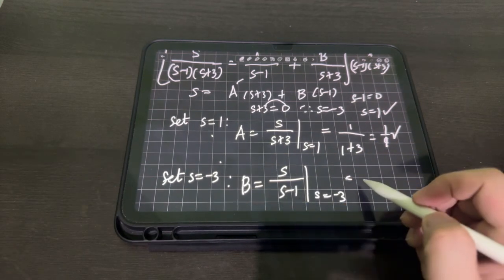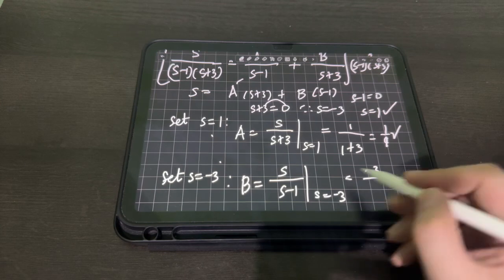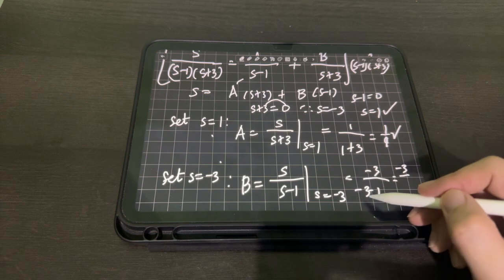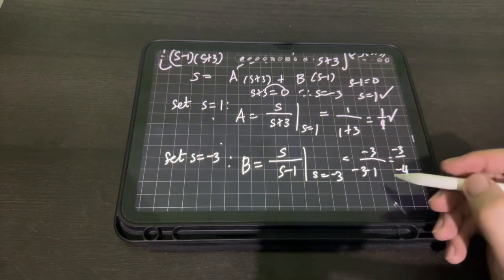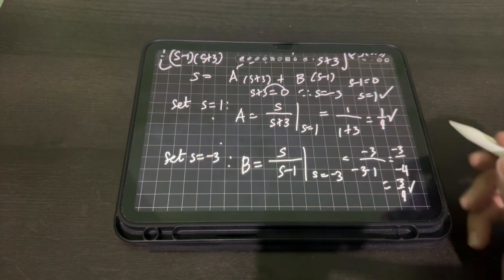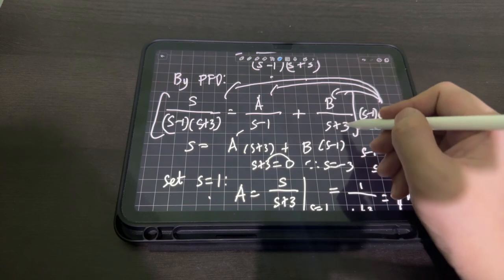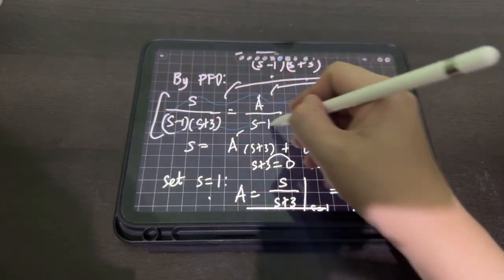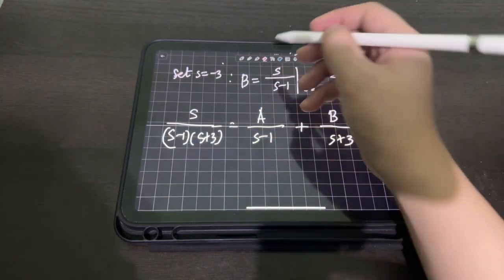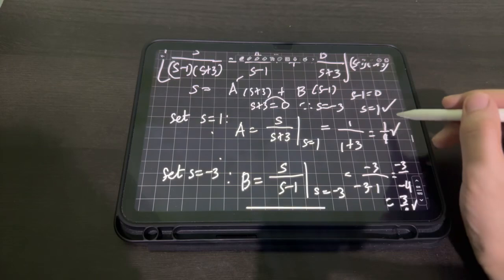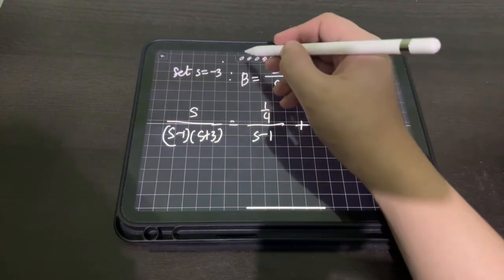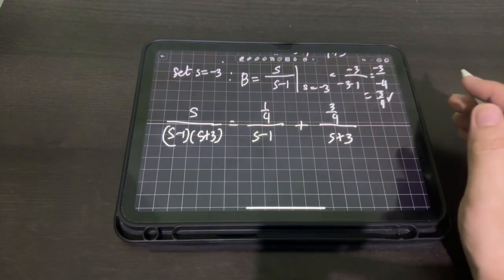So replace s with negative 3. So negative 3 over negative 3 minus 1, which is negative 4. So negative 3 divided by negative 4, positive 3/4. So we already have A and B. Replace the values here in the partial fraction. Okay. A is equal to 1/4 and B is equal to 3/4.